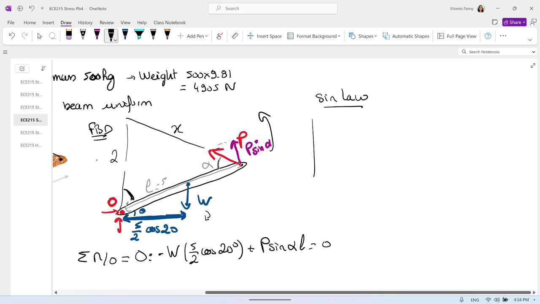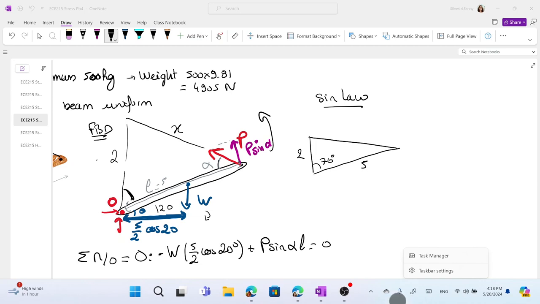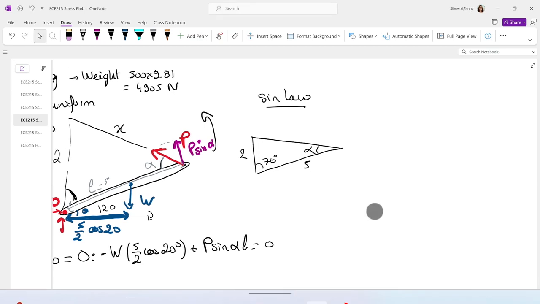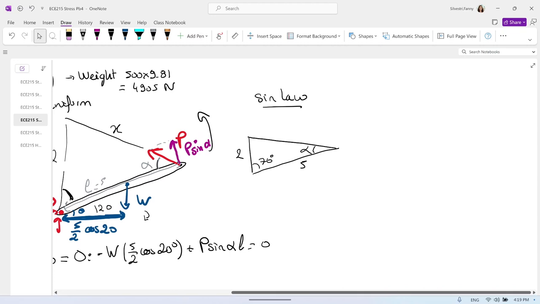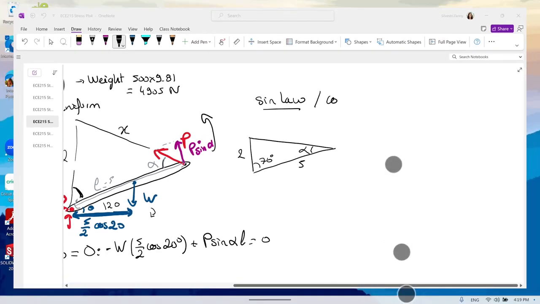Take your time to do your sine law. We have 2, we have 5. We know this angle is 20, so we know this one is 70 degrees. And the angle that we want to find is alpha there. Before the sine law, we need the cosine law.